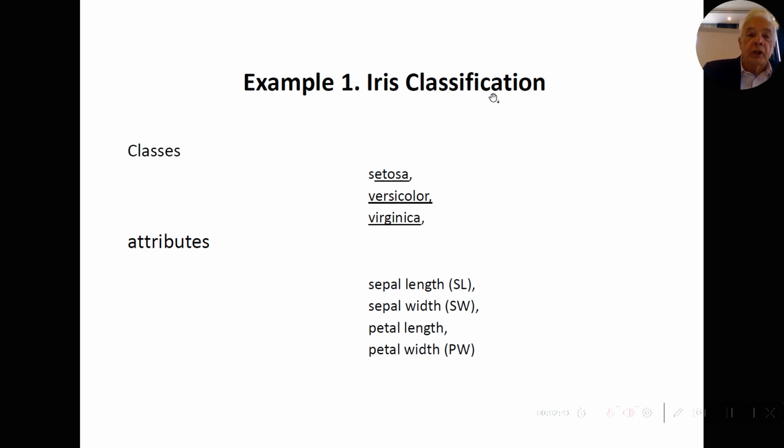The first example is a very old example, the Iris classification obtained by Fisher, and he defined three types of flowers, or orchids: setosa, versicolor, and virginica. And the attributes he measured were these.